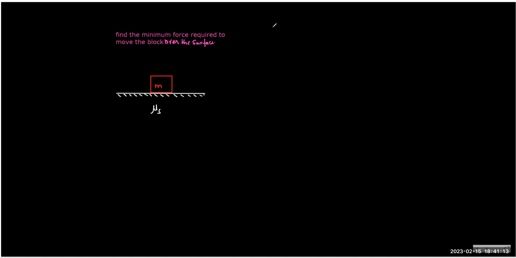So μs mg. No, that's the problem. Question is find the minimum force.